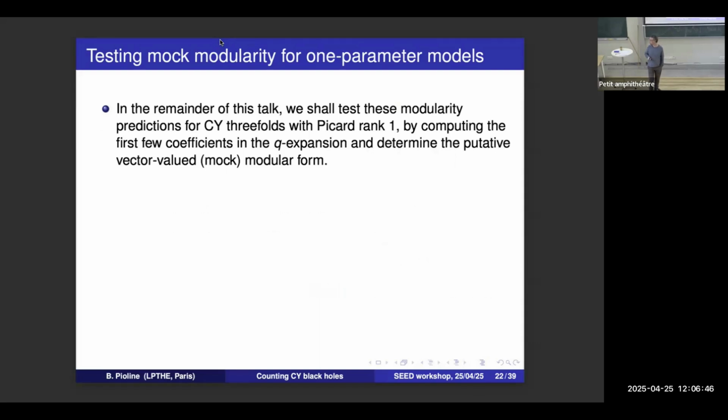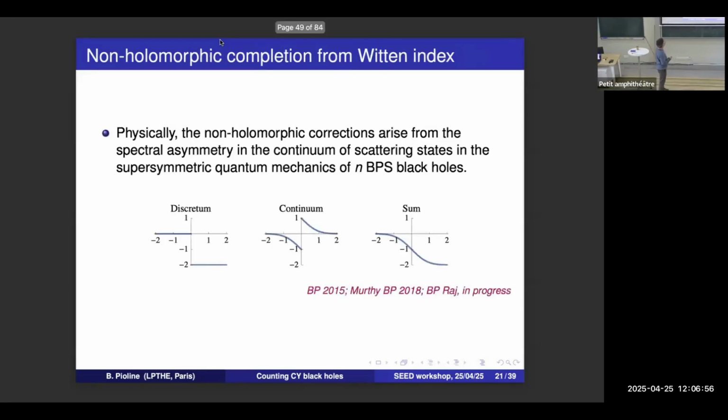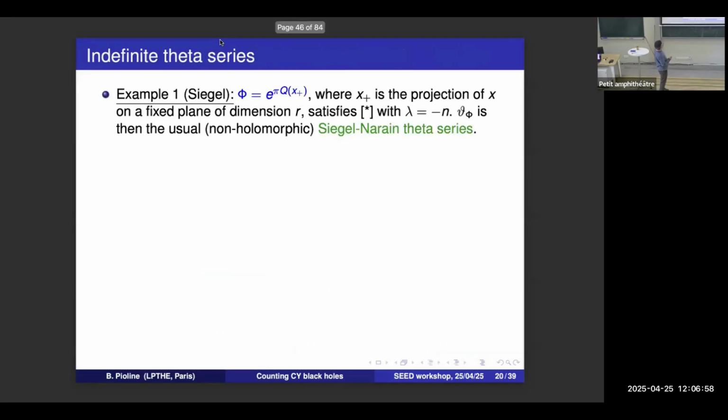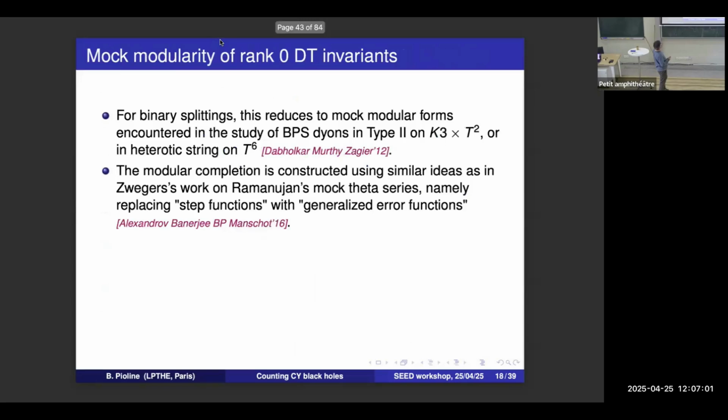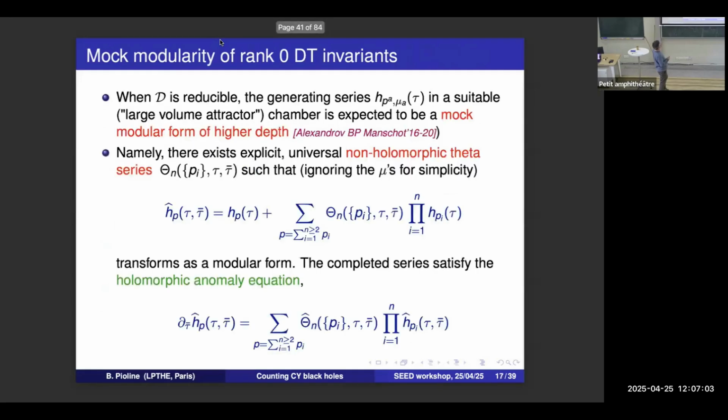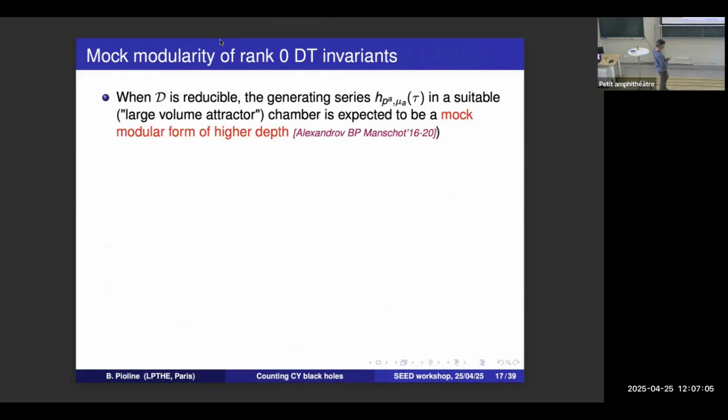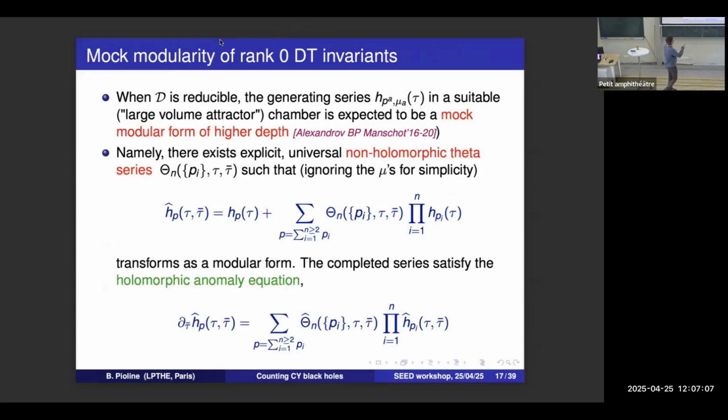The cocycle can still be expressed as a Euclidean integral in the vector-valued cases, and it's more complicated. In fact, that's a good question. You go back to this prescription here. This theta series involves a complicated kernel.